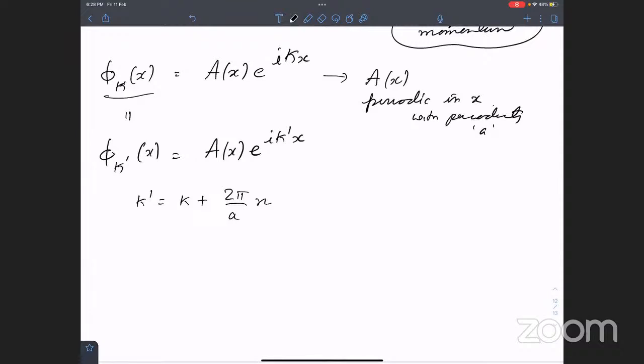Why am I doing this? I'm just considering another K bar, which is nothing but K plus 2 pi by a into n, where n can be 0, plus or minus 1, plus or minus 2, and so on. And I'm building another Bloch wave vector with this. Now we're going to compare the two.